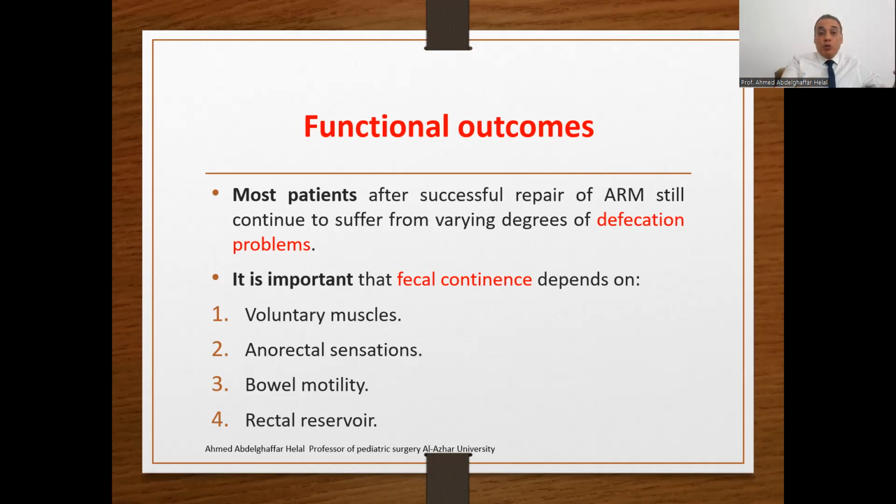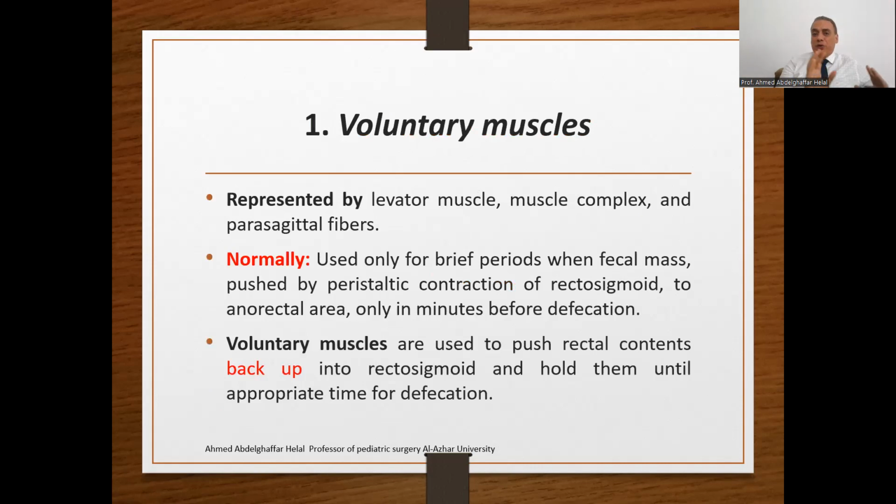Number 1, voluntary muscles. We mean by the voluntary muscles the levator muscle, the muscle complex, and the parasagittal fibers. All these are called the voluntary muscles. Normally, they are used only for a brief period when the fecal mass is pushed by the peristaltic contractions of the rectosigmoid to the upper part of the anorectal area in the few minutes before defecation.